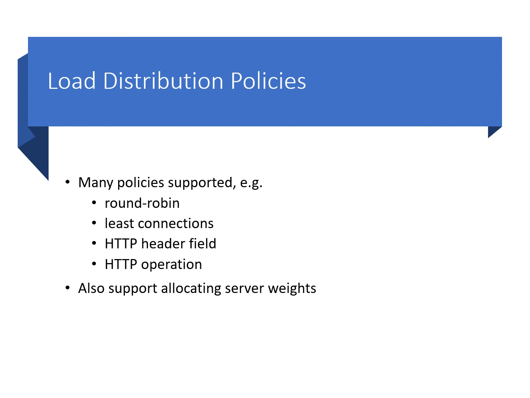For example, all requests with the header field client location is US Seattle could be routed to a specific set of services dedicated to processing traffic for Seattle. And finally, HTTP operation means the load balancer directs requests based on the HTTP verb in the request, such as POST or GET.